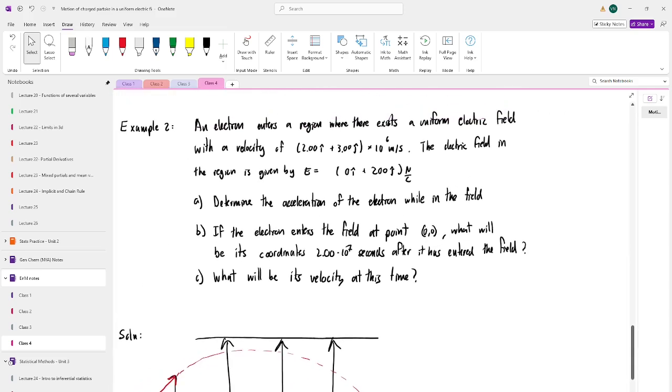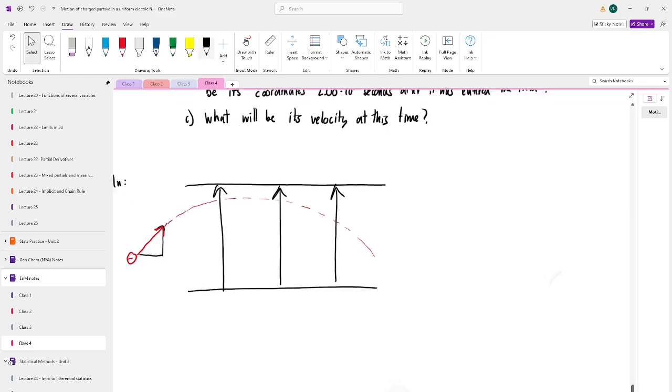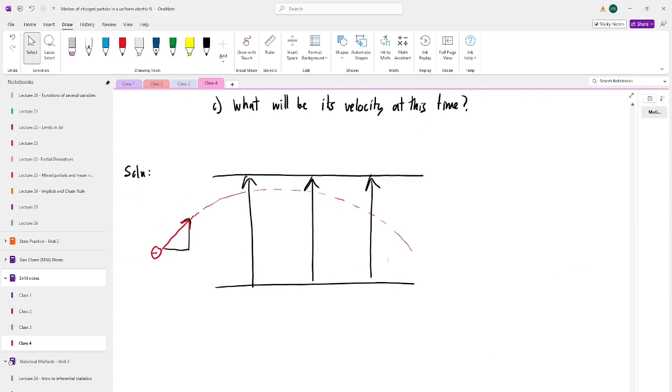So let's calculate the acceleration. So, first of all, we know that the force on the electron is equal to QE. So let's say F is equal to QE.